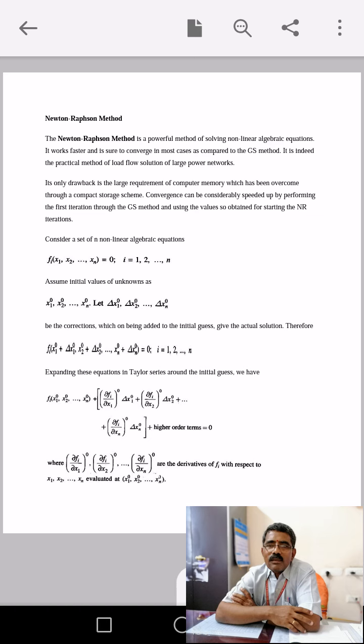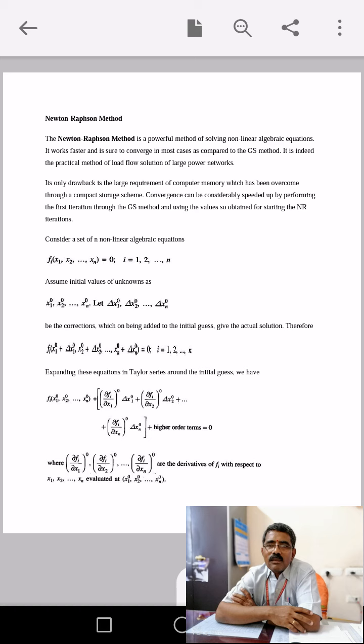Okay, so you just see they are being substituted: fi of x1(0) plus delta x1(0), comma x2(0) plus delta x2(0), comma x3(0) plus delta x3(0), and so on and so forth. Last term xn(0) plus delta xn(0) equal to 0 for all i equal to 1 to n.